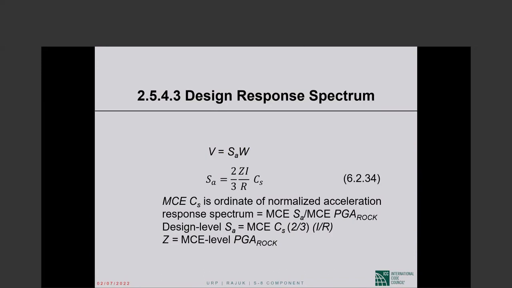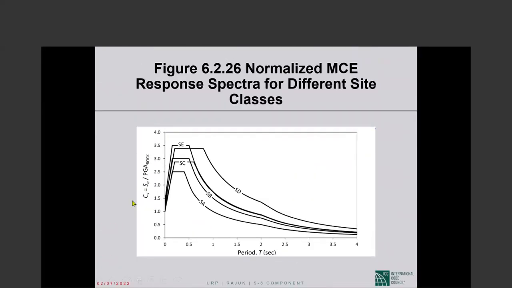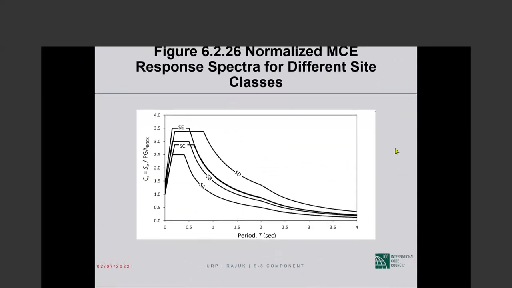So in BNBC 2020, V is equal to S sub A, the spectral acceleration, multiplied by W. The spectral acceleration is 2/3 Z I over R C sub S. This is the C sub S of BNBC 2020, which is S sub A divided by PGA on rock.